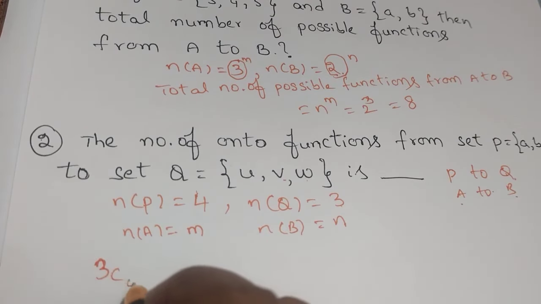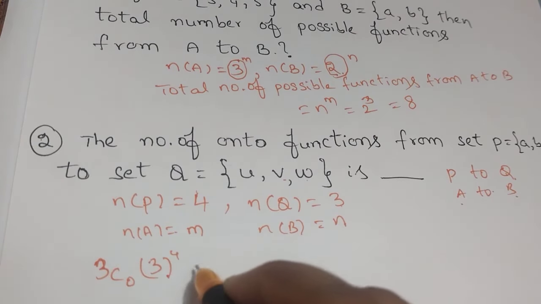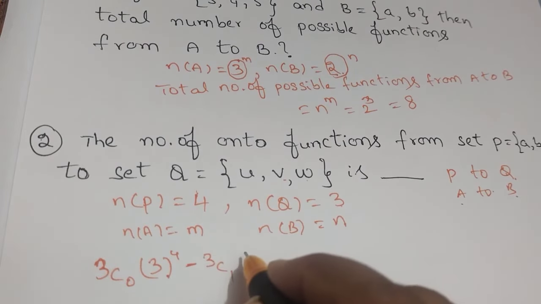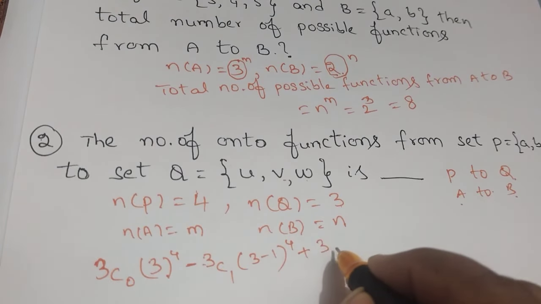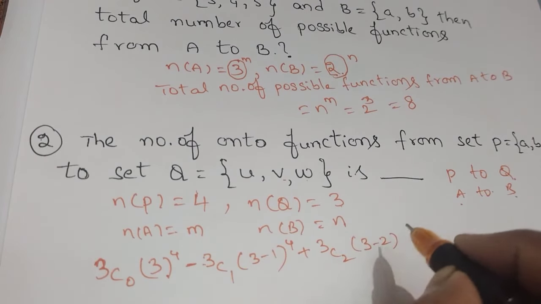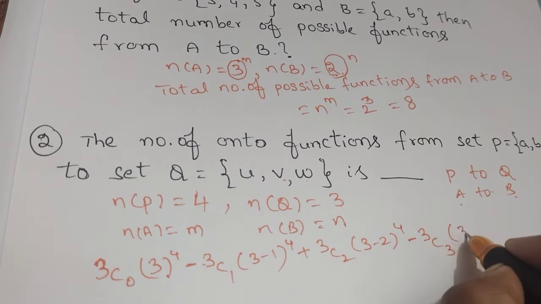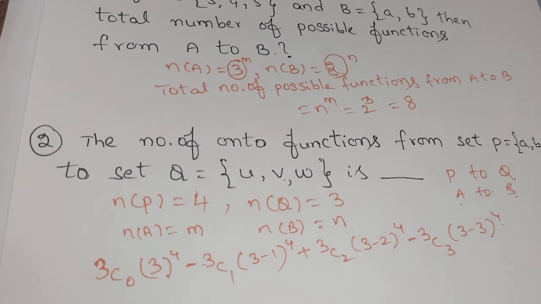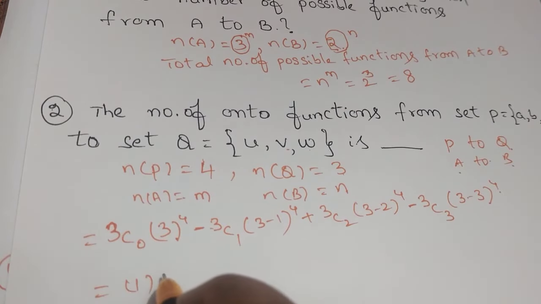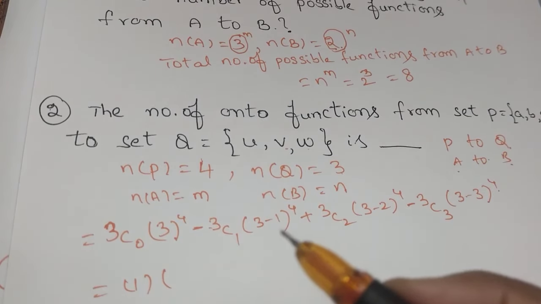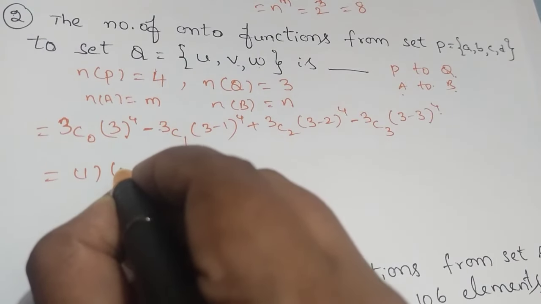So write 3C0 times 3 power m, with m being 4, minus 3C1 times (3 minus 1) power 4, plus 3C2 times (3 minus 2) power 4, minus 3C3 times (3 minus 3) power 4. Now simplify this. 3C0 is 1, and 3 power 4 is 81.